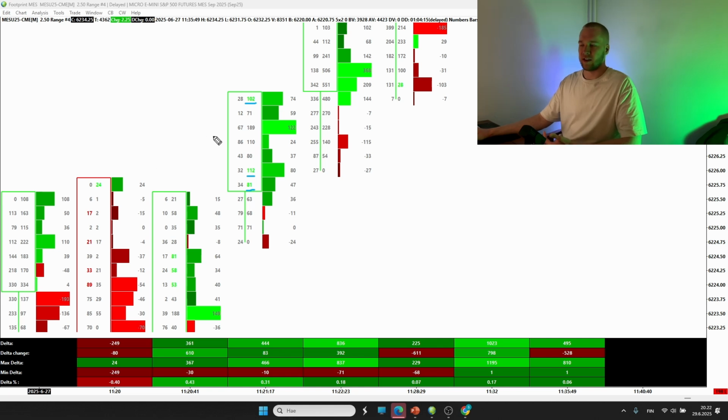There are much better examples where it's like 400 or 500 and there's like 5 of them in one footprint. That is a very clear indication that price is going to do something next. Like it's going to go either very hard in that direction or it's getting absorbed like crazy.